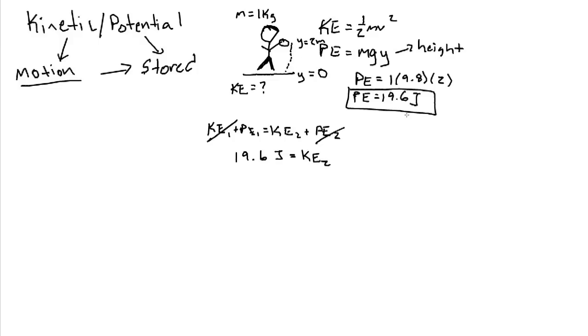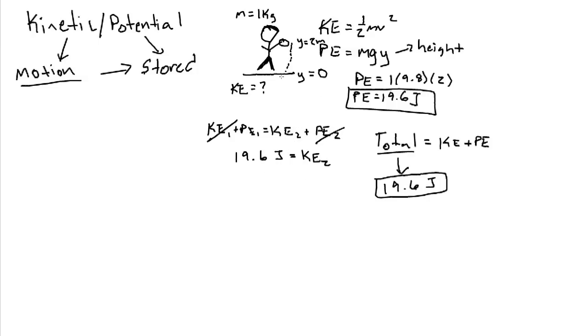All of my potential energy gets converted into kinetic energy. In other words, the total mechanical energy, which at any point is kinetic plus potential, is conserved. Initially I've got all potential, so my total is 19.6 joules. At any point, if I calculated the potential energy, I could solve for the kinetic energy.